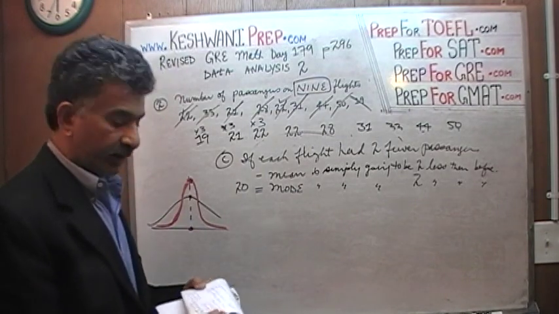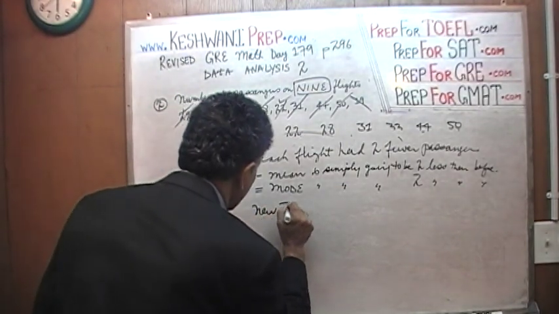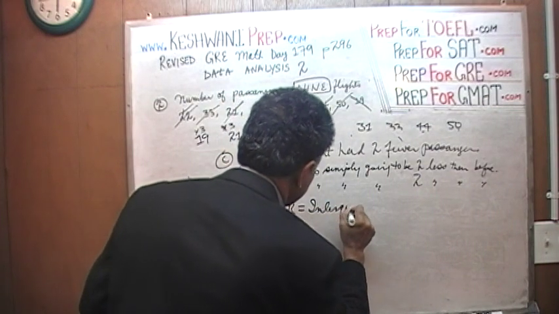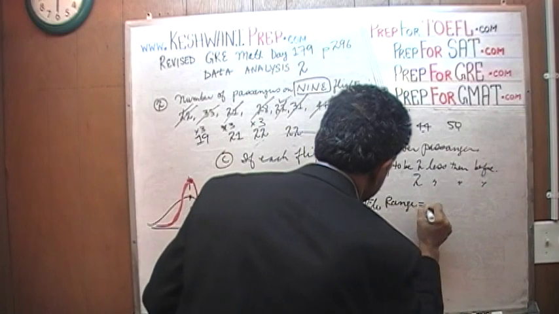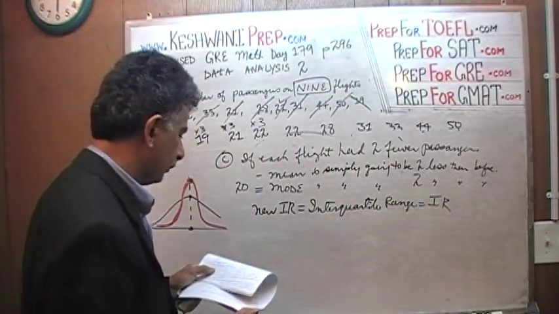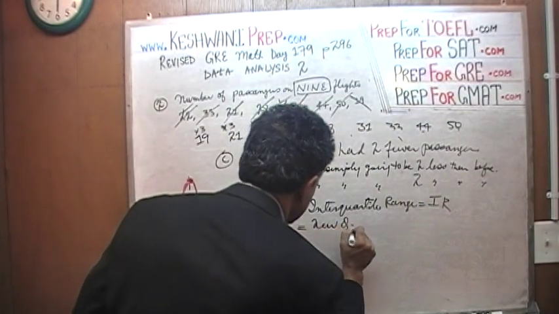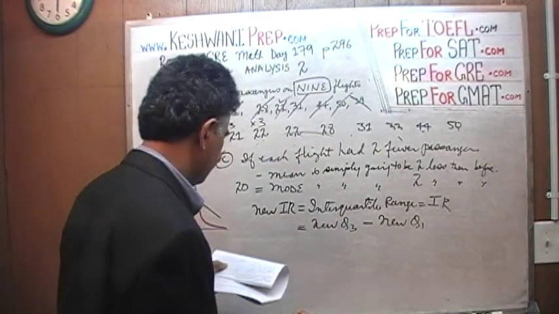What happens to the interquartile range? The new interquartile range, IQR, is equal to the new Q3 minus the new first quartile.